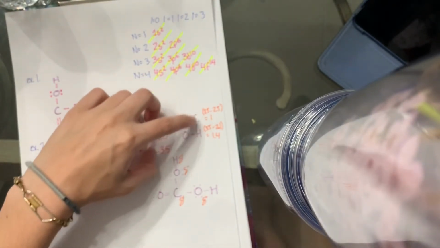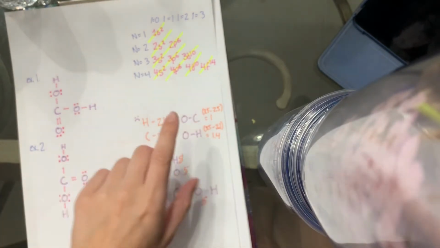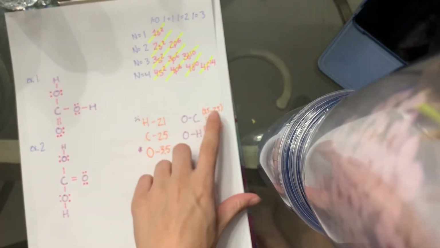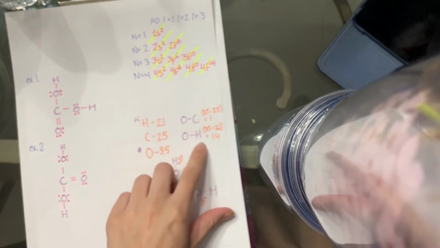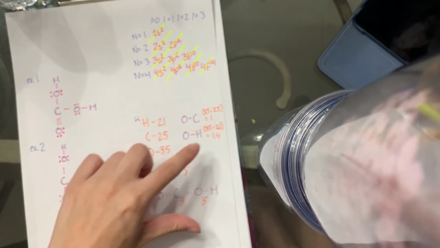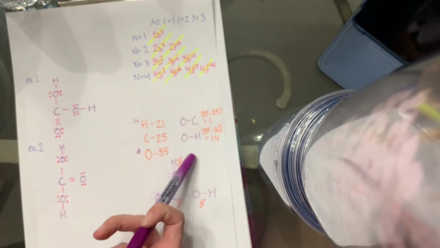I went ahead and subtracted out those numbers so you can see the difference. Oxygen and carbon is 3.5 minus 2.5, so it's 1. And oxygen and hydrogen is 3.5 minus 2.1, so it's 1.4.